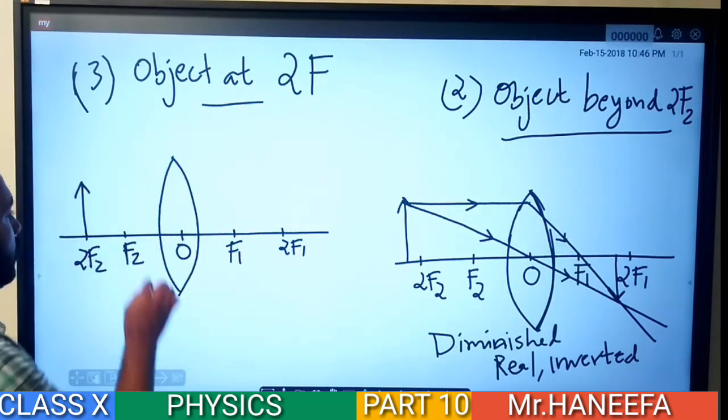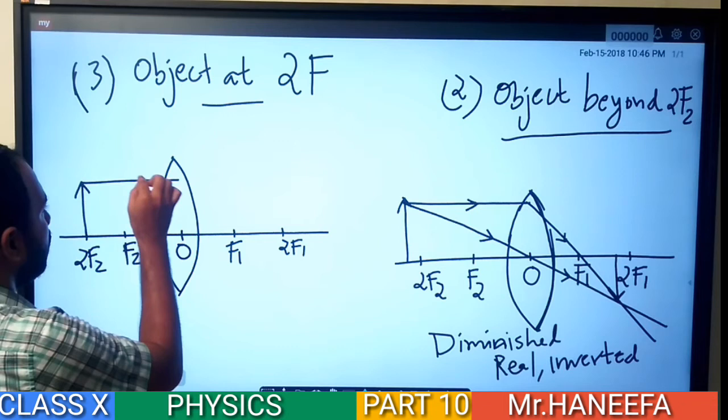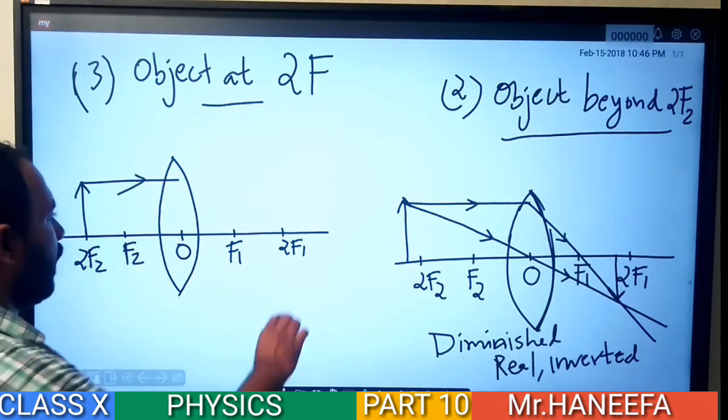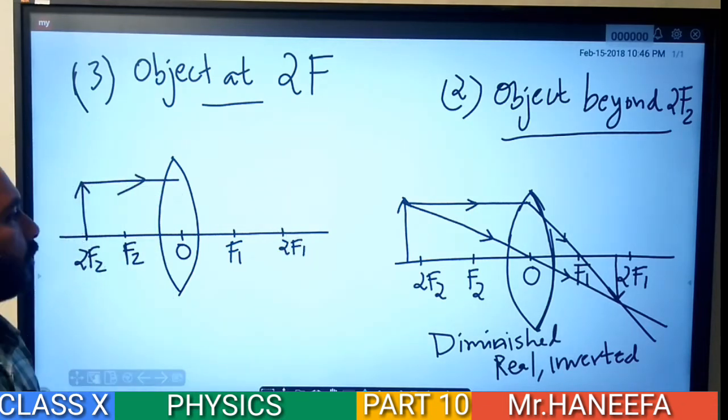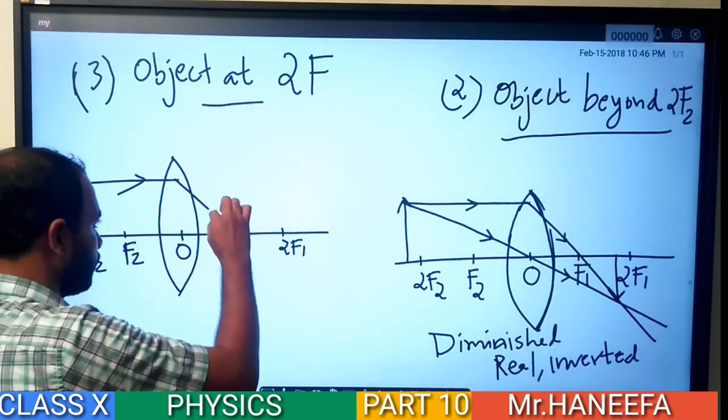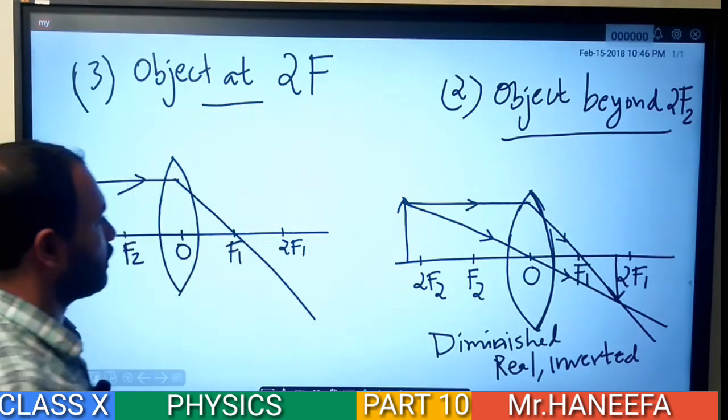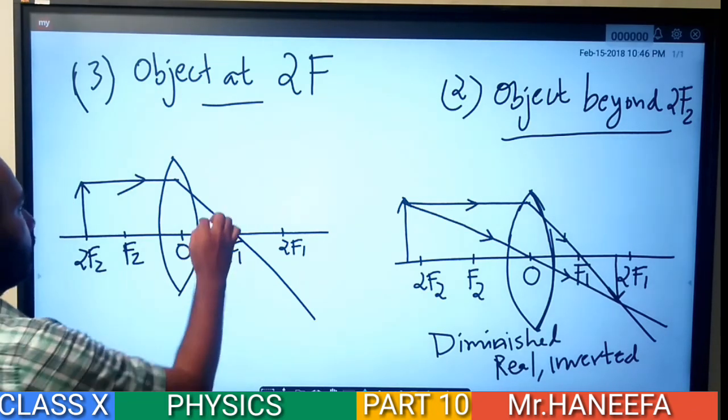Where object is placed? Object is placed at 2F, that is 2F1 or 2F2. So first rule, a ray parallel to the principal axis, after refraction, passes through the focus.